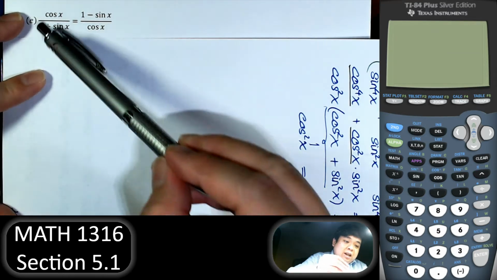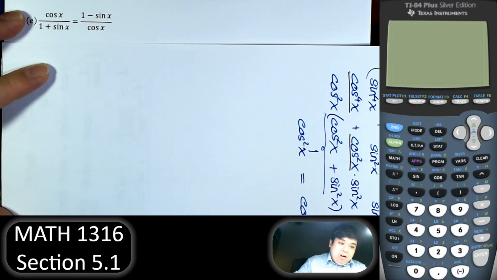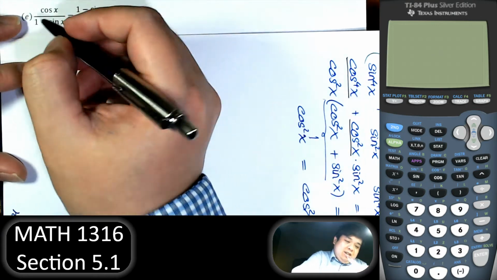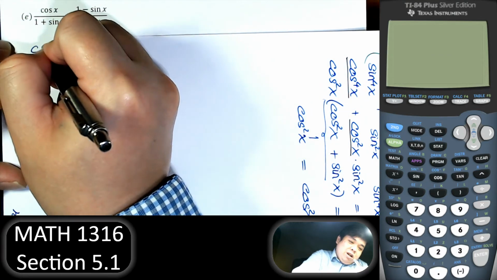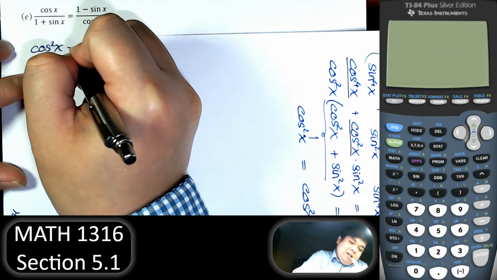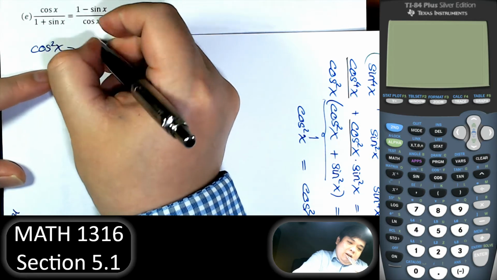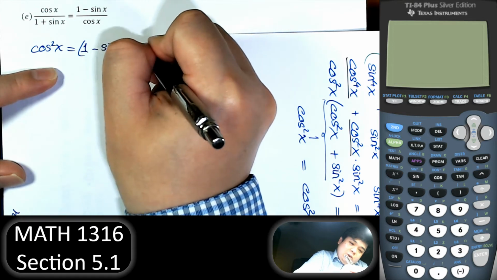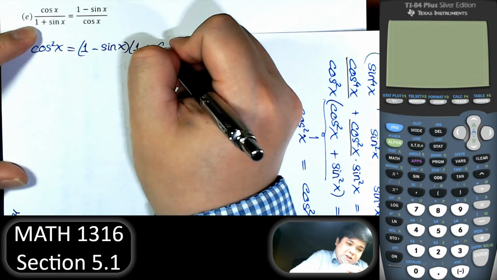Now, let's just cross multiply here, right? Because that's the simplest way to simplify things. So that gives us cosine square equal to 1 minus sine times 1 plus sine.